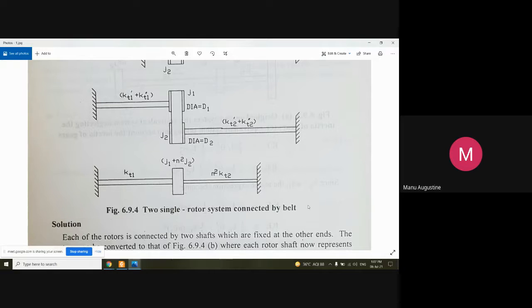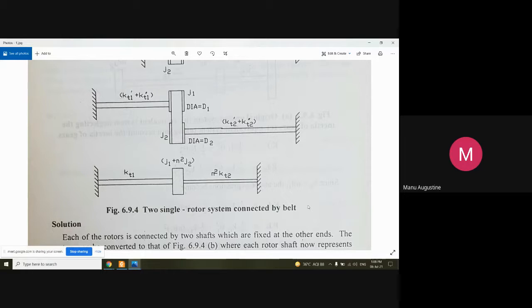So let me draw it and then show you how the final system is going to look. The final system, according to me, should be something like this. I will convert it into a single shaft and rotor system instead of a two shaft and rotor system, and take the stiffness of the shaft equal to kt1 plus n square kt2.